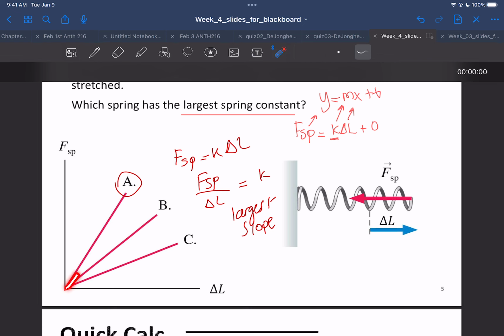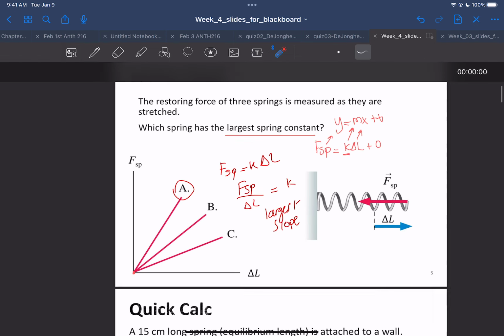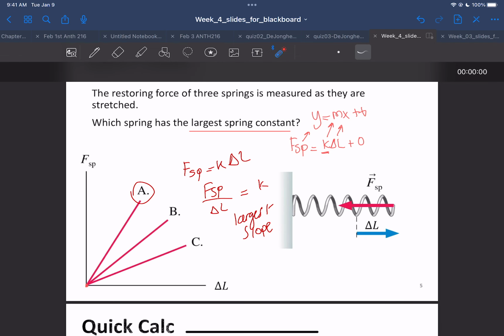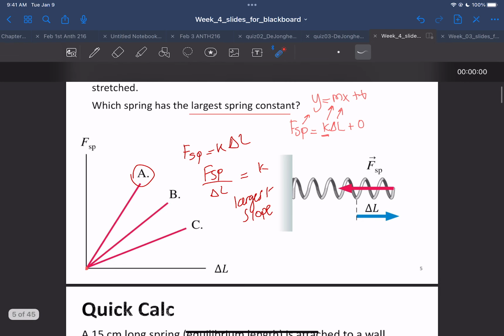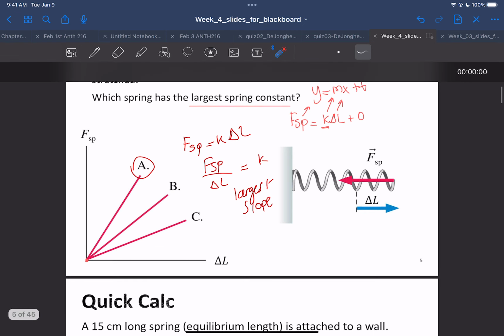So A has the steepest curve, and C has the shallowest line. So this would have the smallest slope and this would have the largest slope. Does that make sense? Awesome.